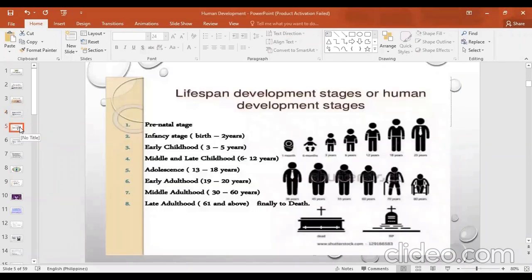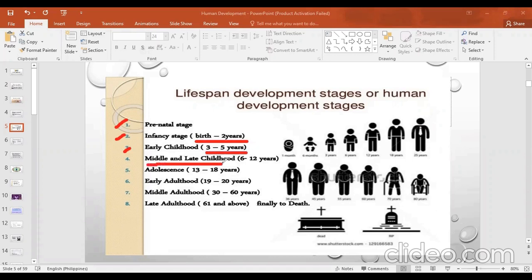So development is relatively orderly, as you can see dito sa picture na ito. Okay? Try to observe it from prenatal stage. Next, we have infancy stage from birth to 2 years. We also have early childhood, 3 to 5 years.